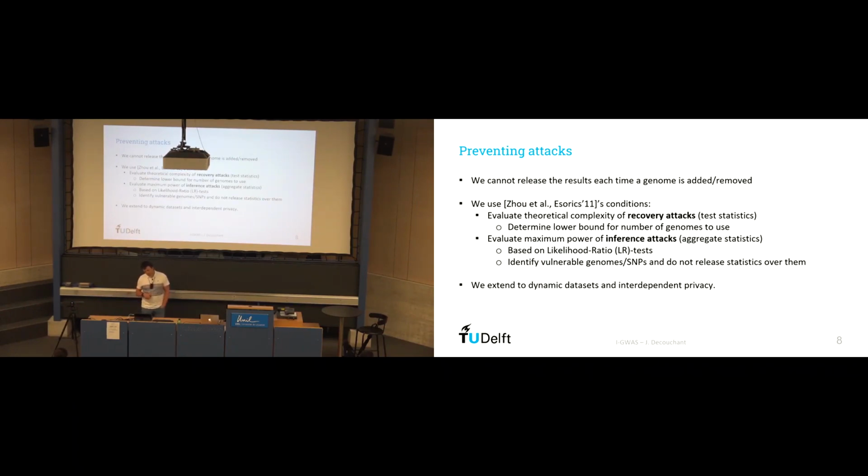What they did is that they evaluate the theoretical complexity of recovery attacks, and basically it means that you have to use sufficiently enough genomes, depending on the number of positions you're studying, so that it's very hard to launch a recovery attack. And for inference attacks, we use a likelihood ratio test, and this is an upper bound on the efficacy of membership attacks.